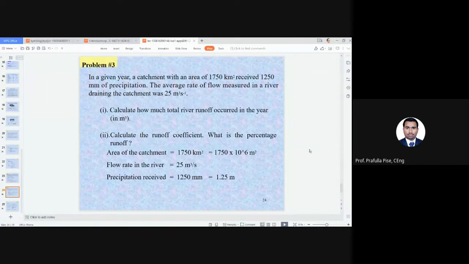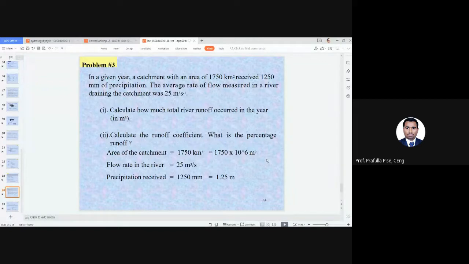So again you have to note down the area of the catchment, which is in kilometer square, and convert that into meter square. 1,750 kilometer square becomes 1,750 times 10 to the power 6 meter square. The flow rate in the river is already given, 25 meter cube per second, sometimes called cubic.